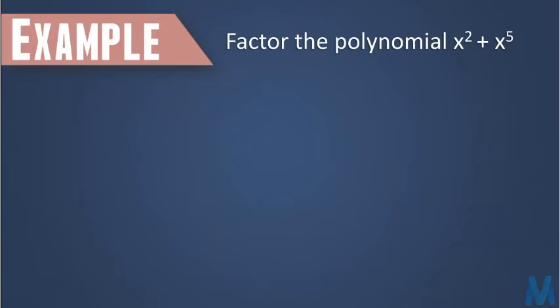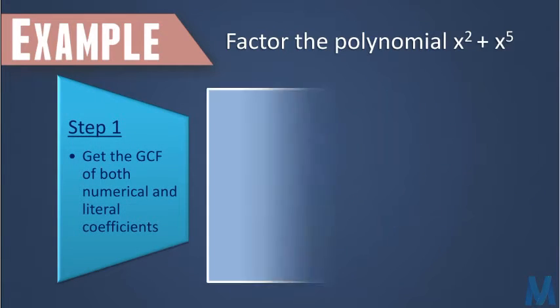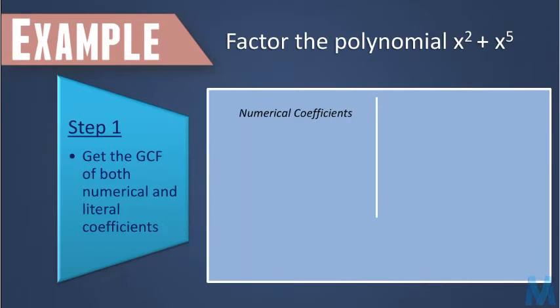Okay, next example is we're going to factor the polynomial x squared plus x to the 5th. Okay, this time, kung manotice natin, wala kita sang numerical coefficient. So as for step 1, so ang makuha talang diri nga GCF is from literal coefficients.